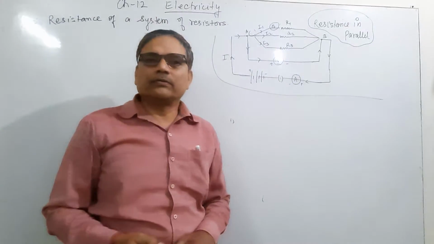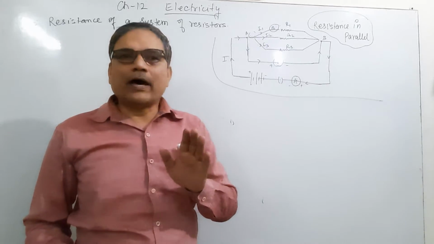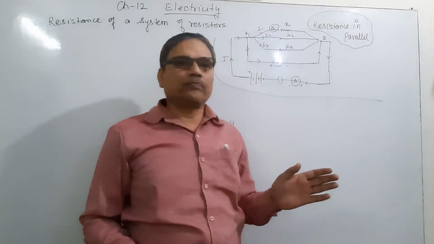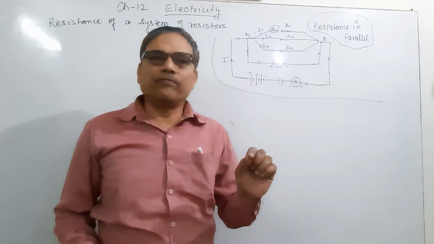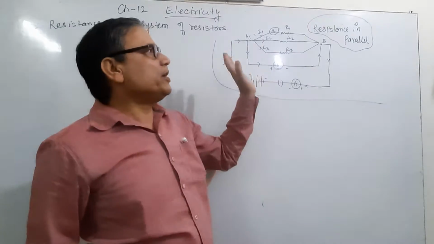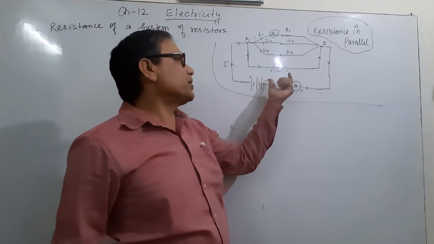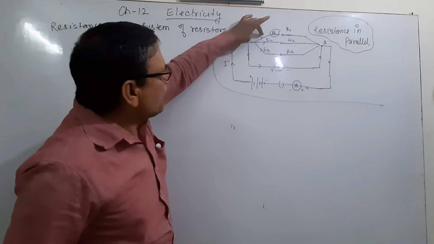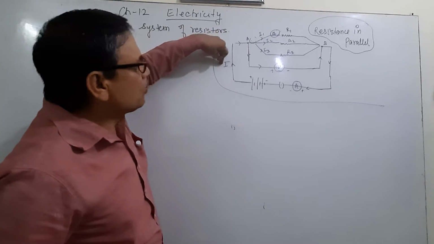What does it mean? It means that in parallel, current is different for the different resistances. It is not the same for each resistance. In parallel, current is different, potential difference is same. We can say that I1 plus I2 plus I3 is equal to I.